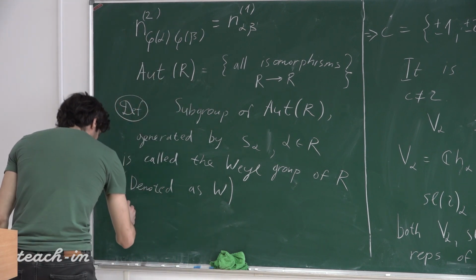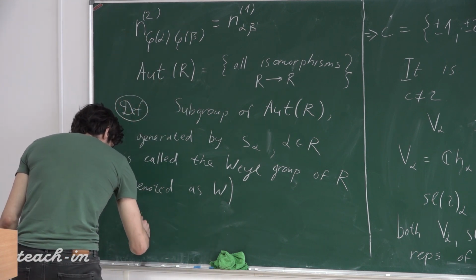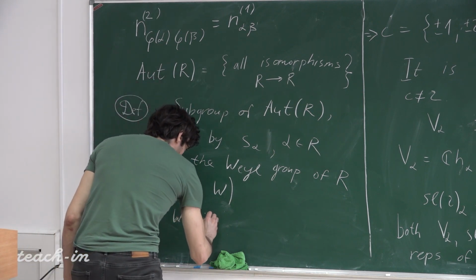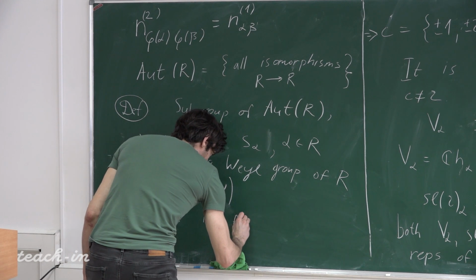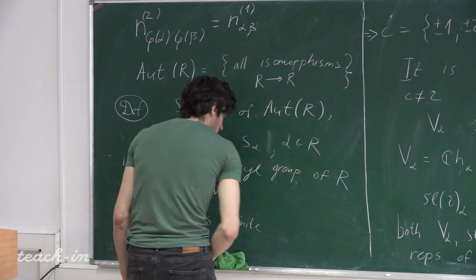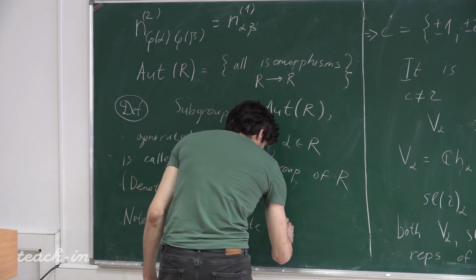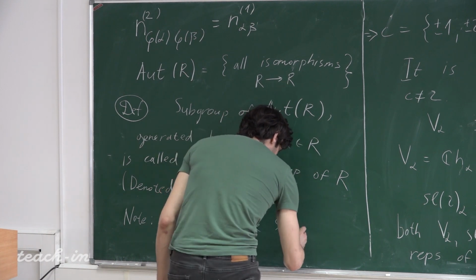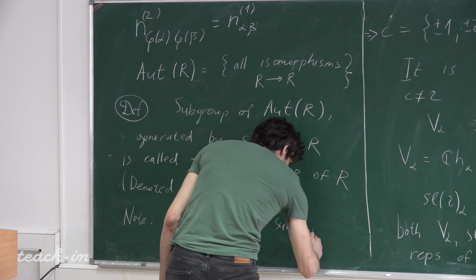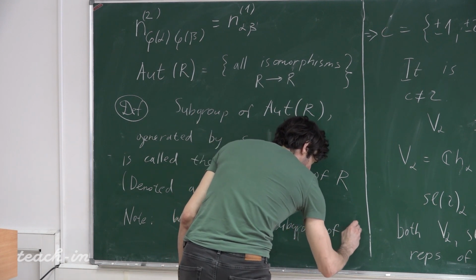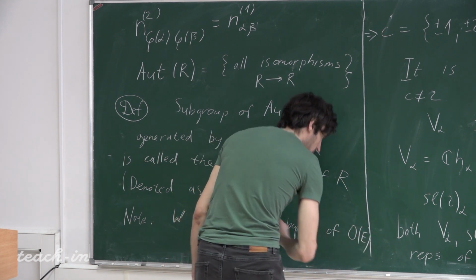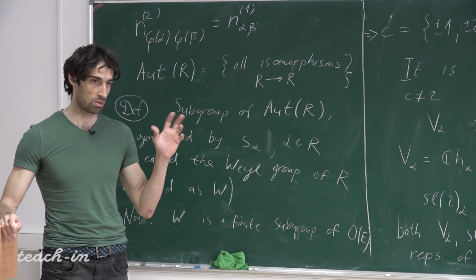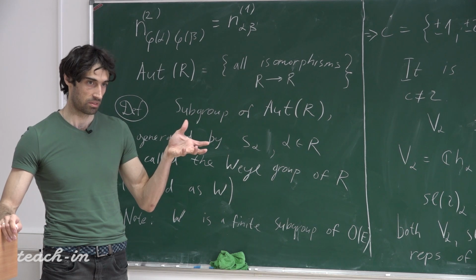So note, W is a finite subgroup of, let me write like this, all orthogonal transformations of E, right?